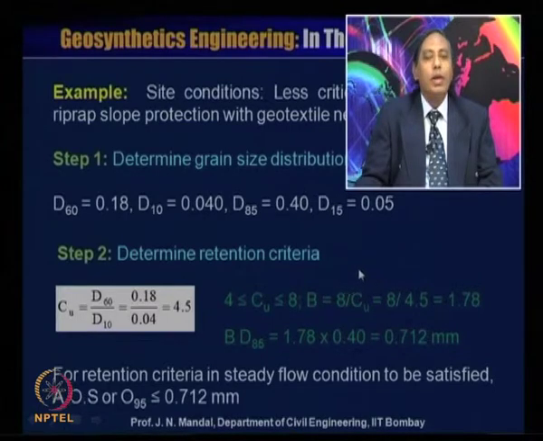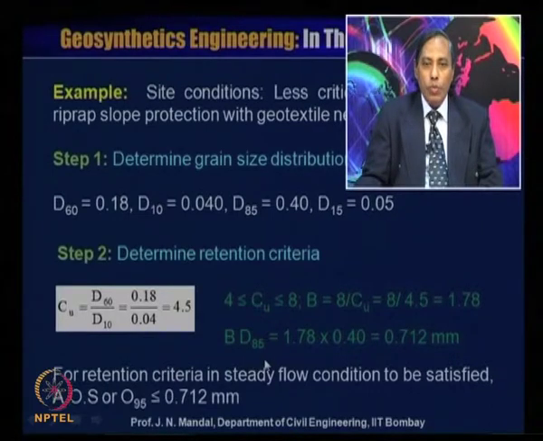Step 2: calculate the retention criteria. You can calculate Cu, that is D60 by D10. D60 is 0.18 and D10 is 0.04, so Cu is equal to 4.5. From the criteria, if Cu is greater than 4 and less than 8, then B will be 8 by Cu. Here Cu is 4.5, so 8 by 4.5 is equal to 1.78.